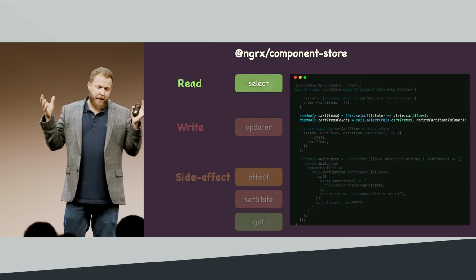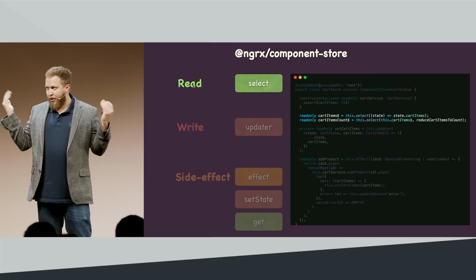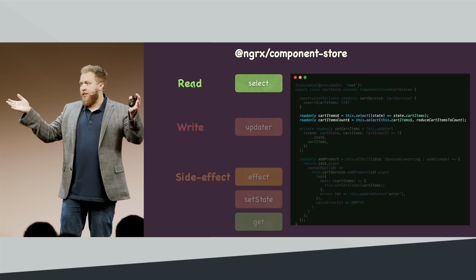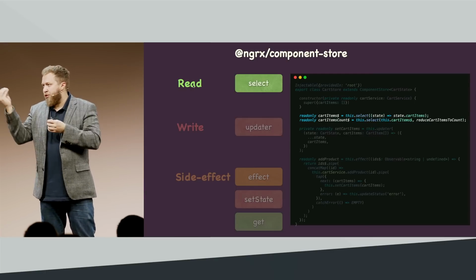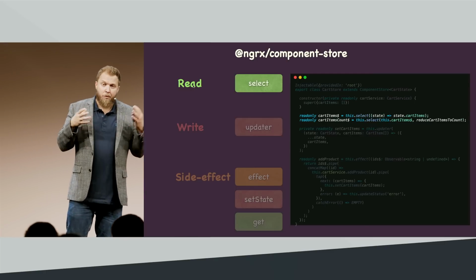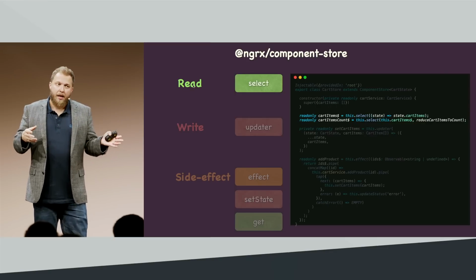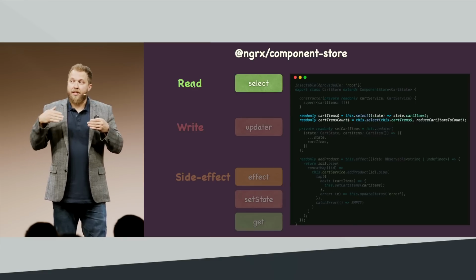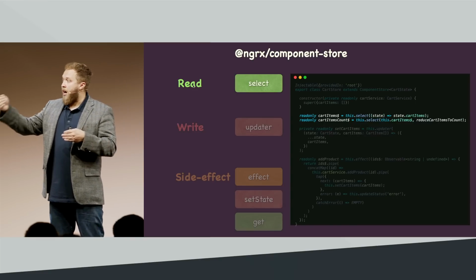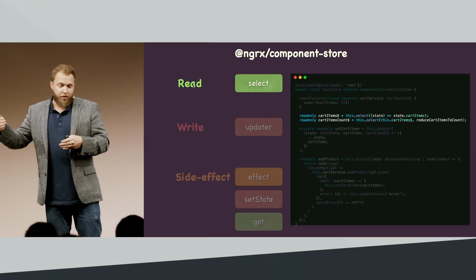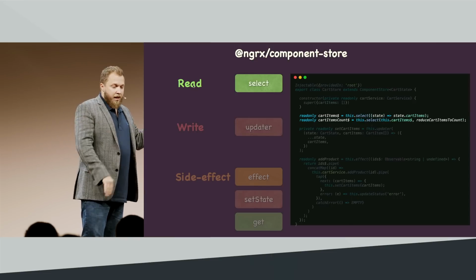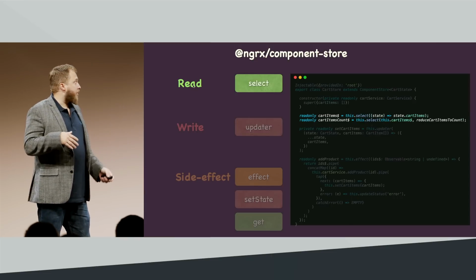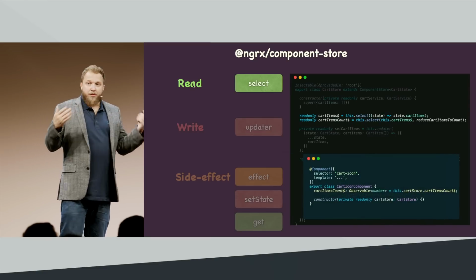I didn't write the function just to make it more concise, but basically that function takes an array and reduces it to a single number. What it does is it allows you to compound your selectors, and it allows you to derive data further. So in this case, cart items count would be a single observable of number.